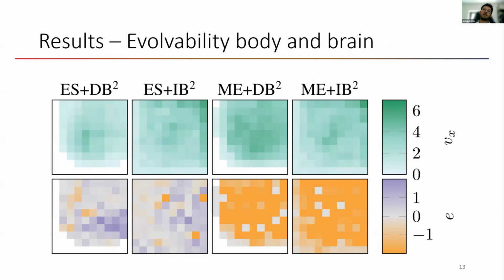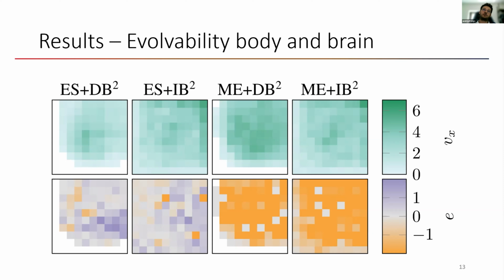These are the results for the evolvability with the body and brain case. We see, first of all, that here the maps are way more populated, but there are no areas of high fitness, and this is because it's harder to optimize both the controller and the body.